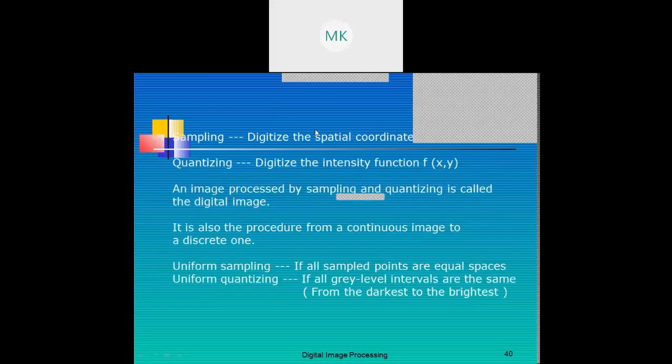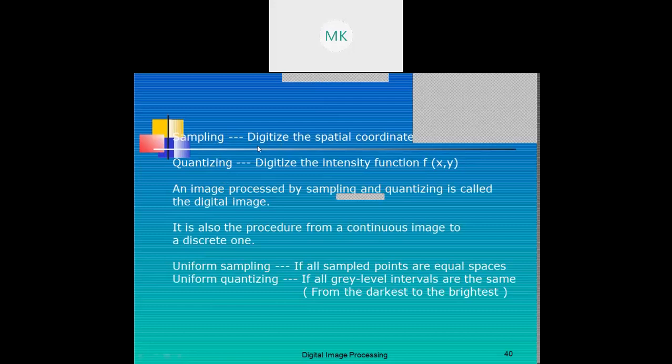Take this picture as an example, f of x comma y, which we need to digitize. For this, the intensity of the pixel is considered first and then the reflection of f of x comma y is considered. We are going to consider sampling and quantizing for digitizing the image.